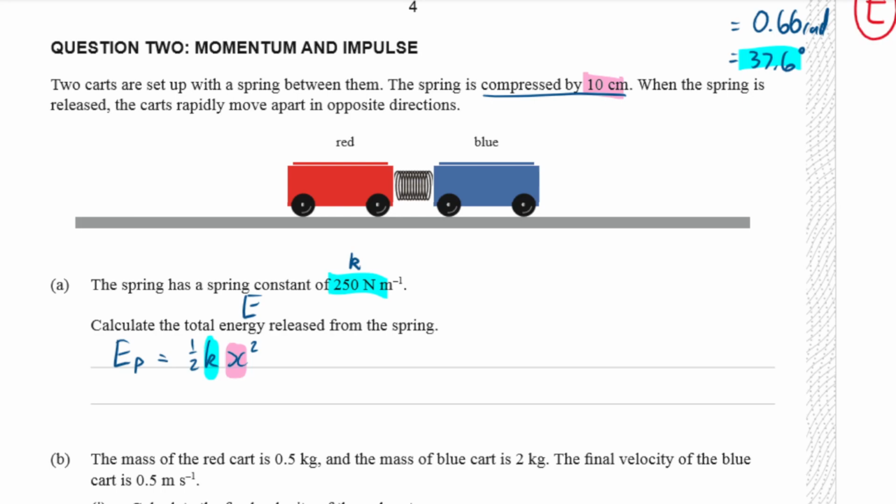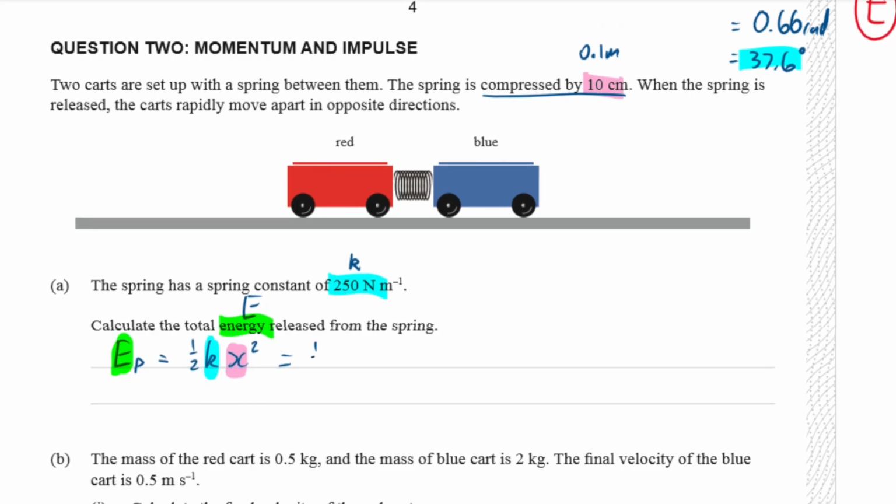And in this case, X is 10 centimeters or 0.1 meters. So we have everything we need, and we're solving for energy.